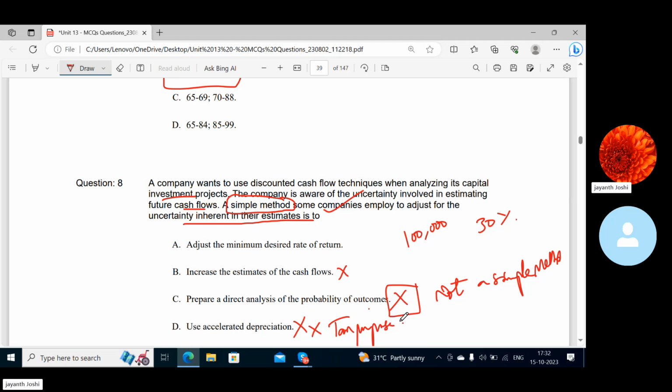I understand tax is also something you will be getting benefits on, taxation benefits. But we are doing adjustments. So, adjust the minimum desired rate of return. If you are having uncertainty about certain cash flows, you can adjust your required rate of return.